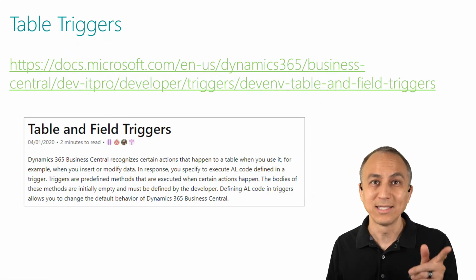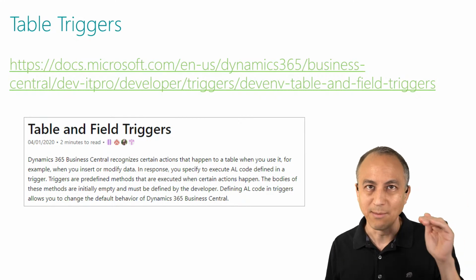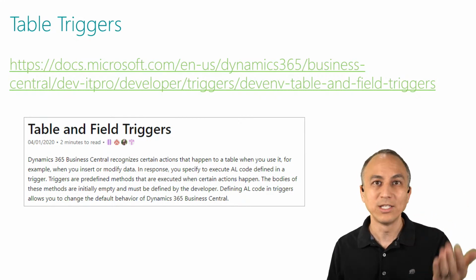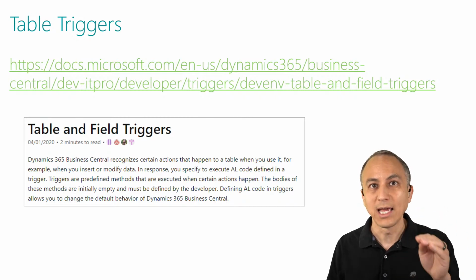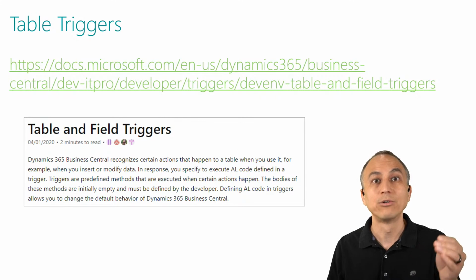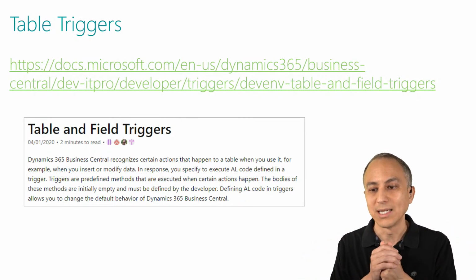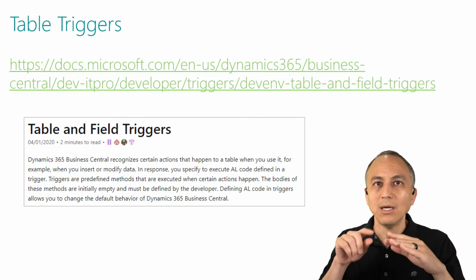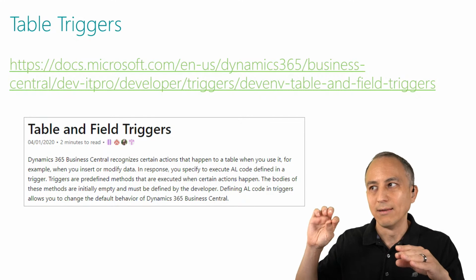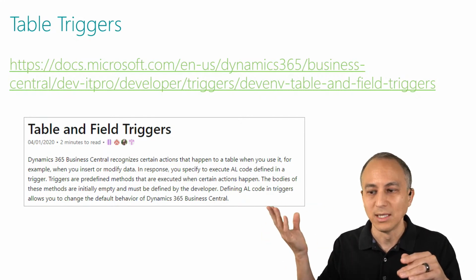Now, why is that important? Well, if you're doing something via the application layer, let's say you insert a record into some table, and there are AL table triggers on that object or even field triggers, you want those to fire. So let's say that when a record is inserted for a customer, it sets some flag to say that they have open invoices, for instance.